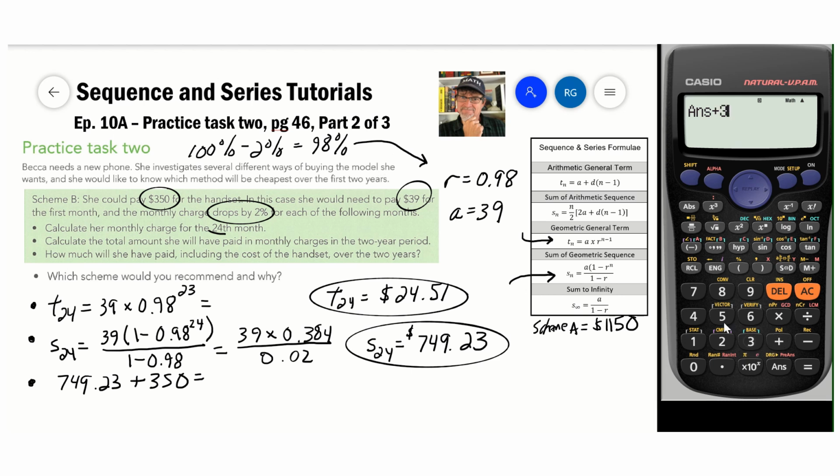Plus $350. That gives us $1,099.23. So that's our total for Scheme B, $1,099.23.